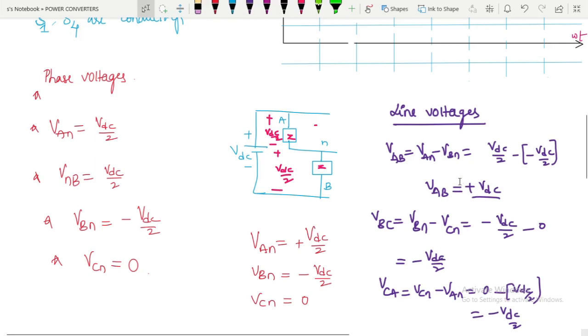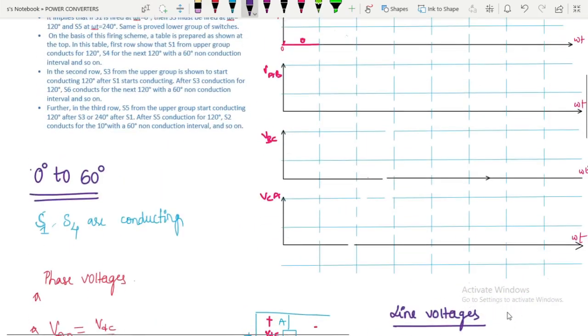So here VAB is plus VDC, VBC is minus VDC by 2, and VCA is minus VDC by 2, as shown in the waveform.